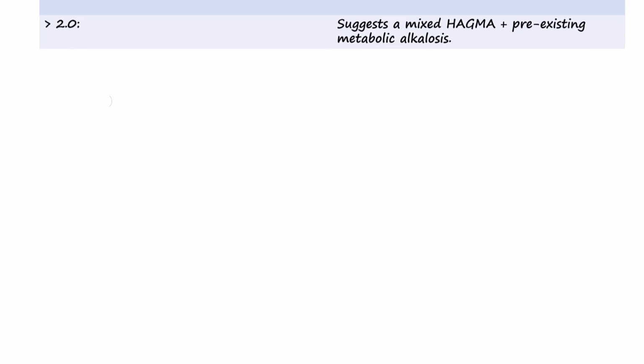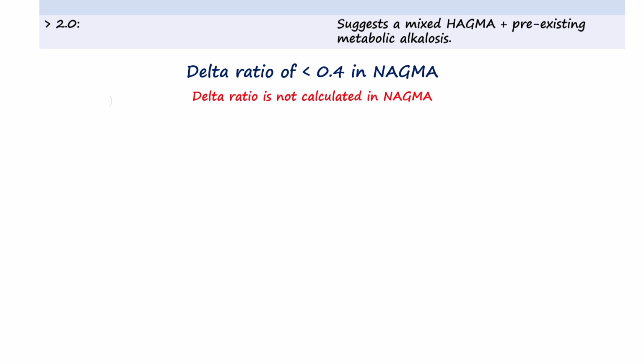Alright, we'll begin with the delta ratio of less than 0.4 and how it suggests a pure NAGMA, or normal anion gap metabolic acidosis. We don't per se calculate anion gap or delta ratio for NAGMA because the anion gap does not increase in normal anion gap metabolic acidosis.